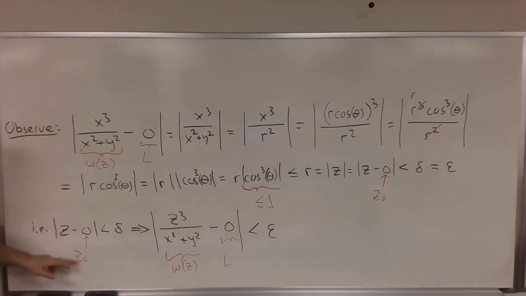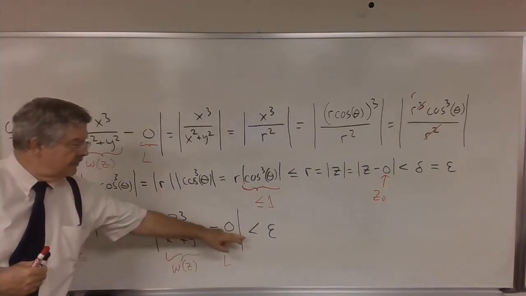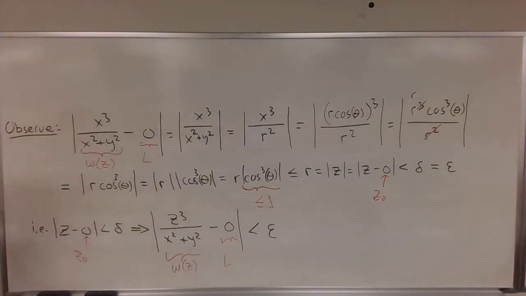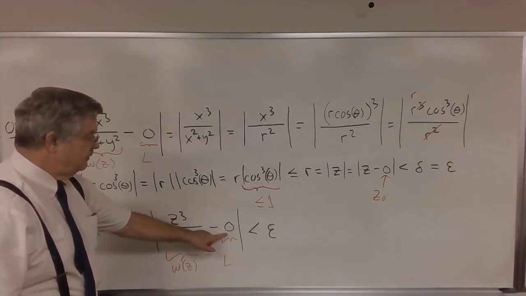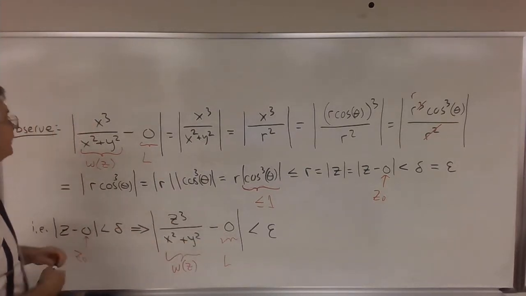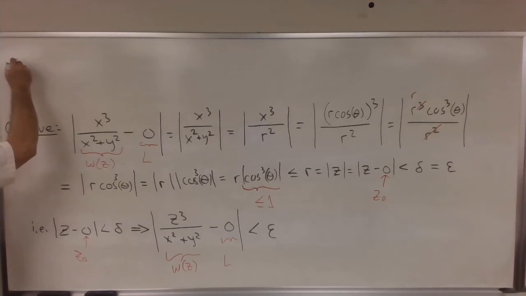So z minus z naught less than delta implies w of z minus L less than epsilon. That tells us that the limit of w of z as z approaches z naught is equal to L, the limit, 0, which I state up here.